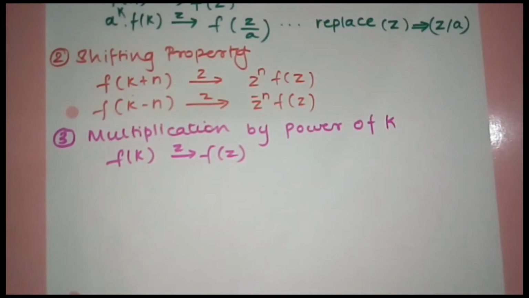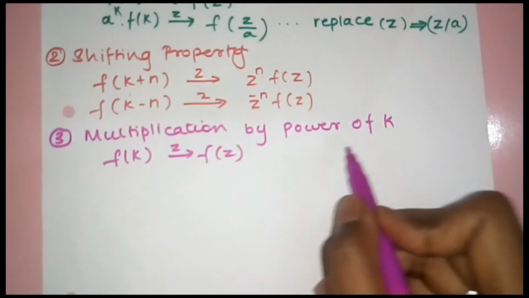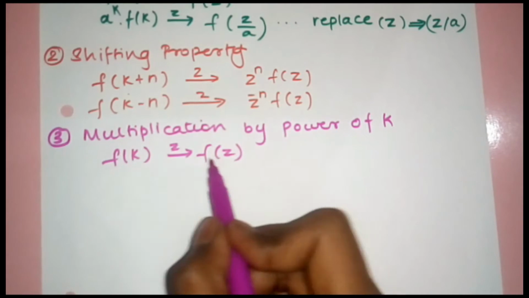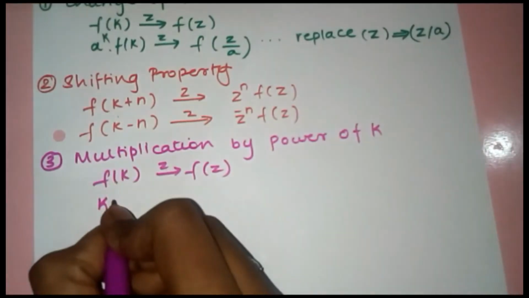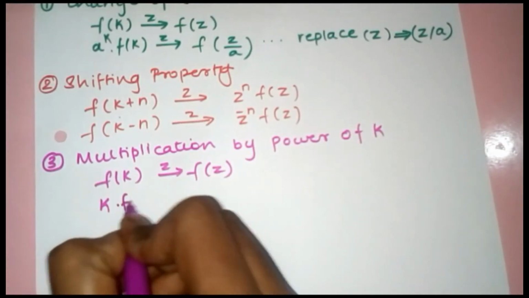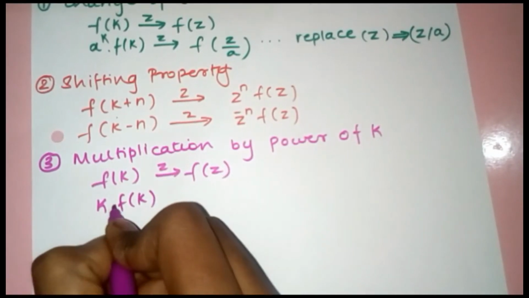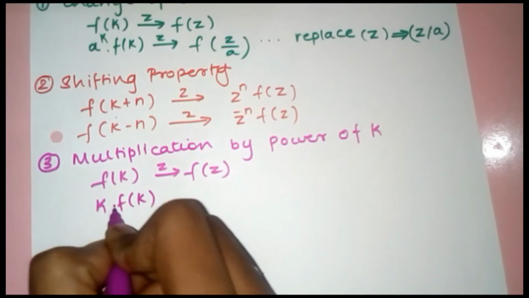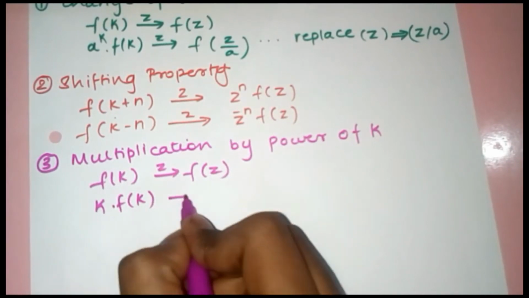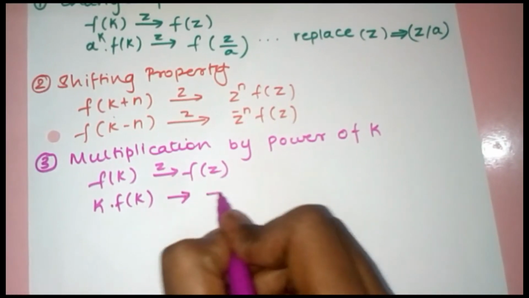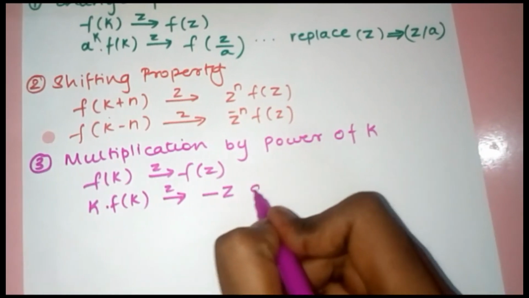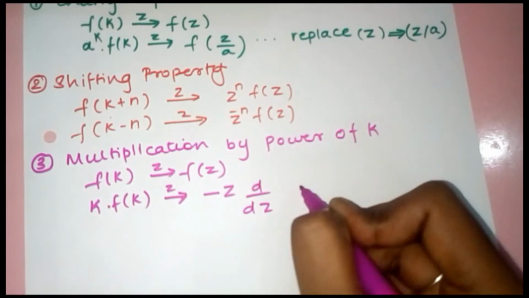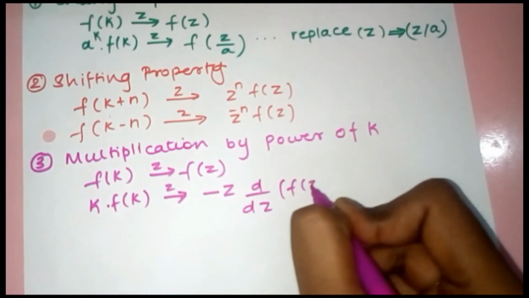The next property is multiplication by power of k. Now f of k is converted into a Z transform, that is f of z. For k into f of k, this is multiplication because we are multiplying k into f of k, the Z transform will be minus z d by dz of f of z.